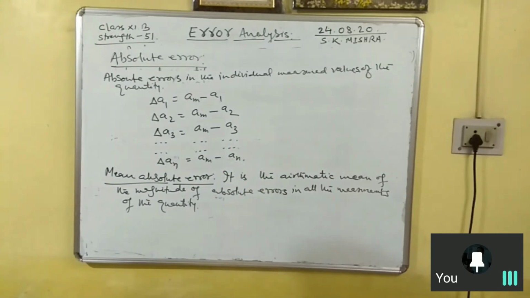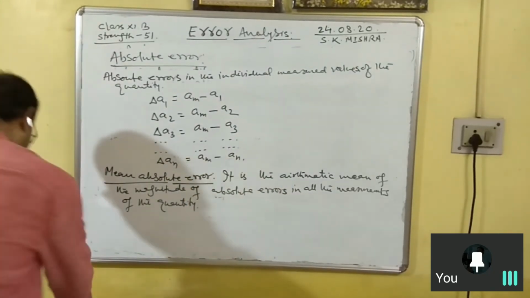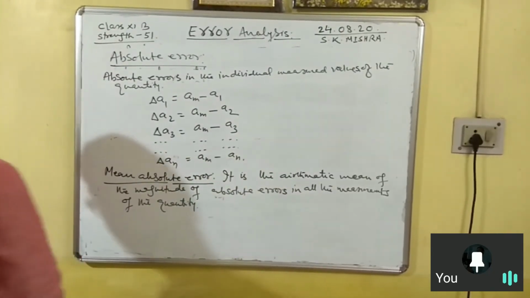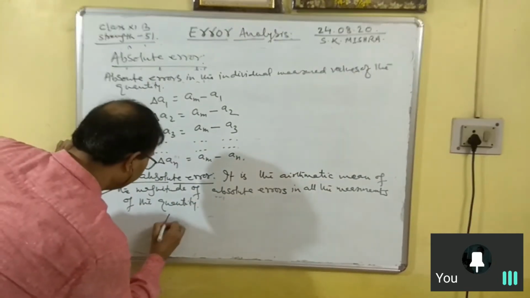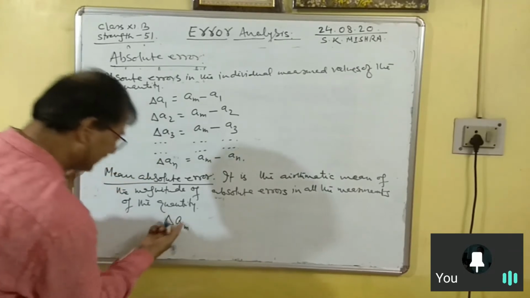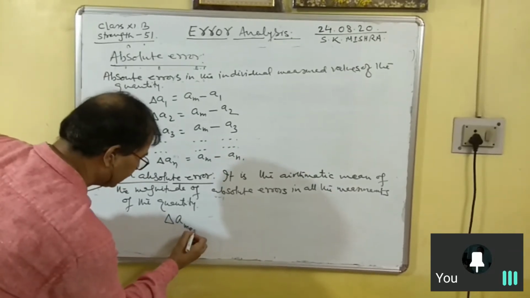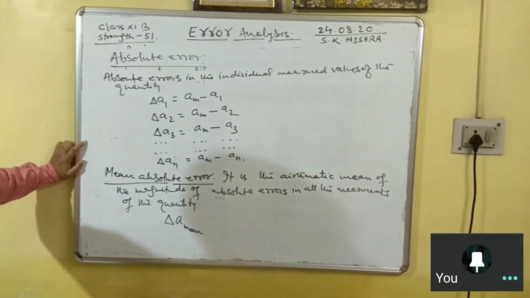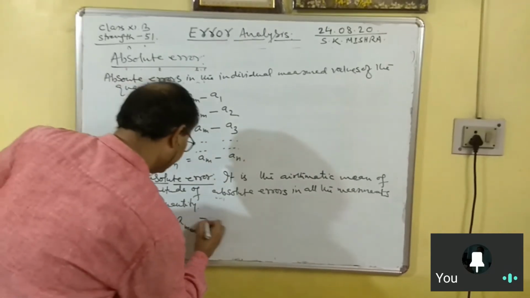So then mean absolute error can be written as delta A mean. You can write delta AM also, or to make it more clear I am writing mean, so that it will be easy for you to understand.